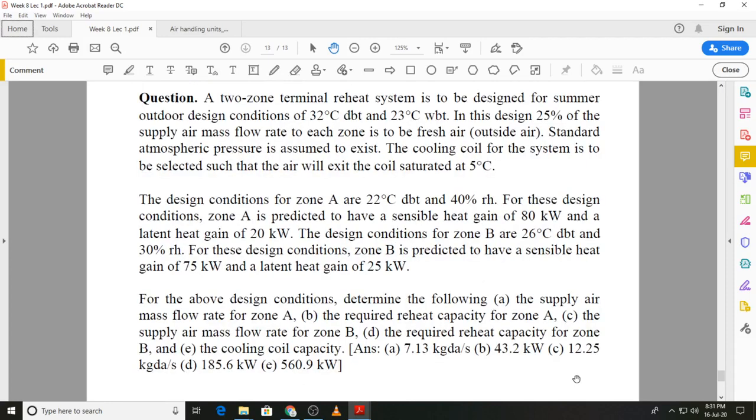I have placed a question at the end. This is for a terminal reheat system, and it is left as an exercise for you to solve.